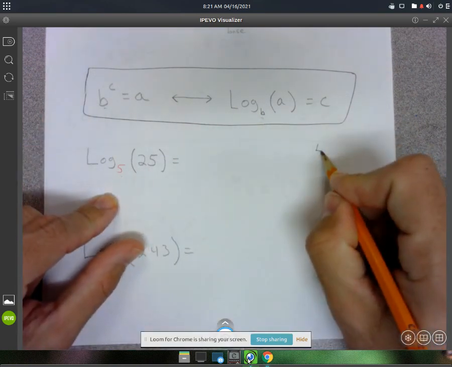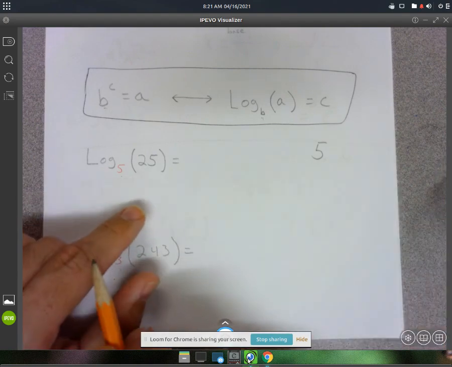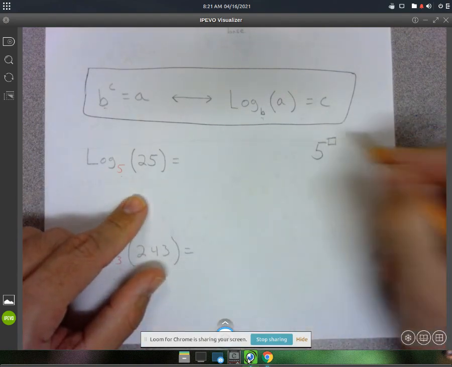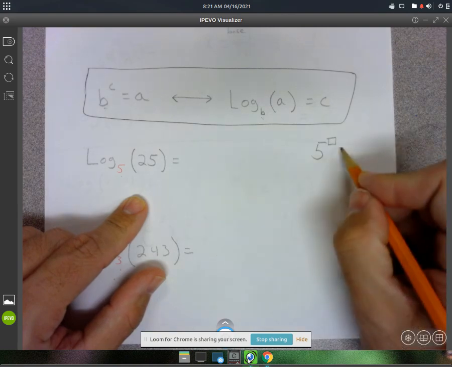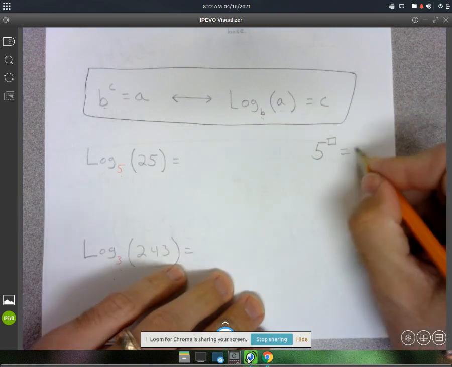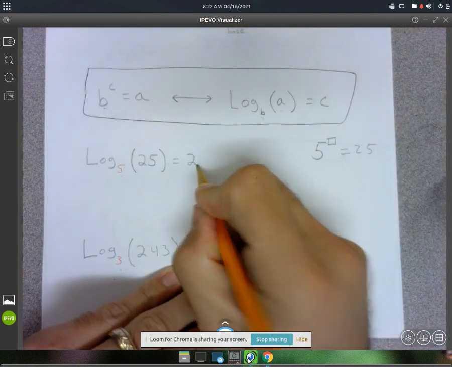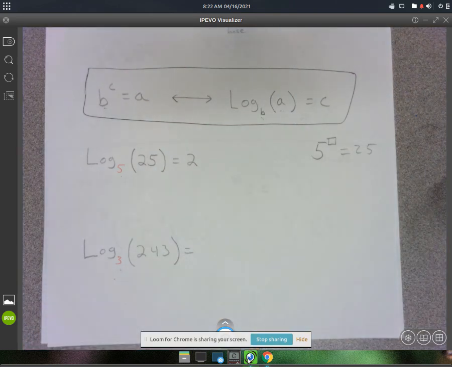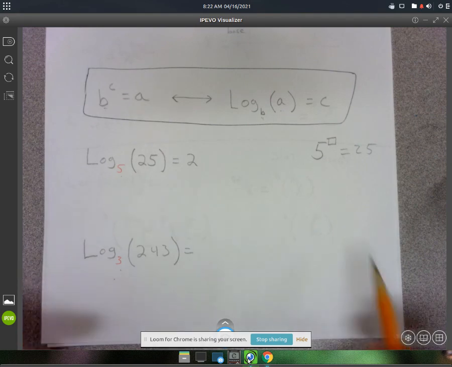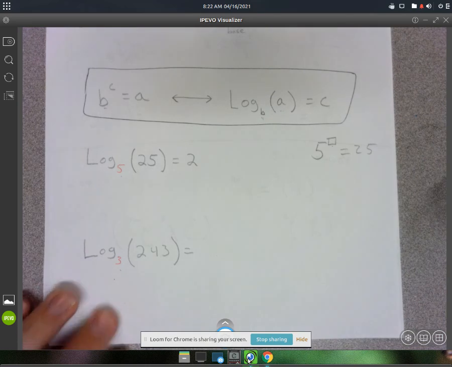I could say 5 to what power is going to equal my answer? 5 to what power is going to equal 25? And that's going to be a 2. So we say log base 5 of 25 is equal to 2. And that's the same as saying 5 to the second power is equal to 25.